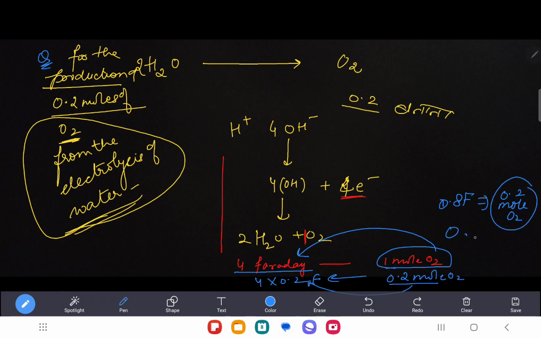So 0.8 Faraday shall become 0.8 into 96500, cool. Yes or no? Any doubts in this? So that is the concept, right?